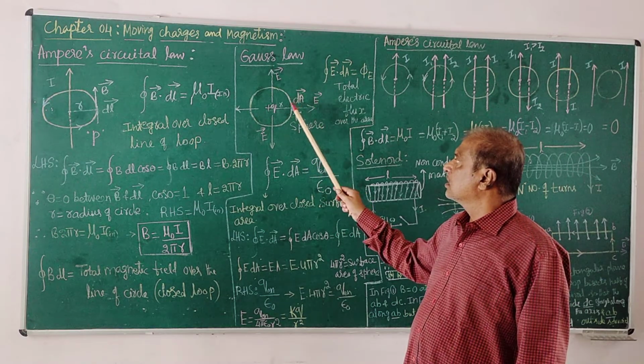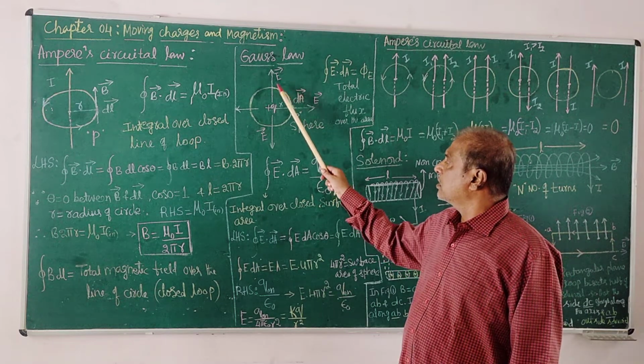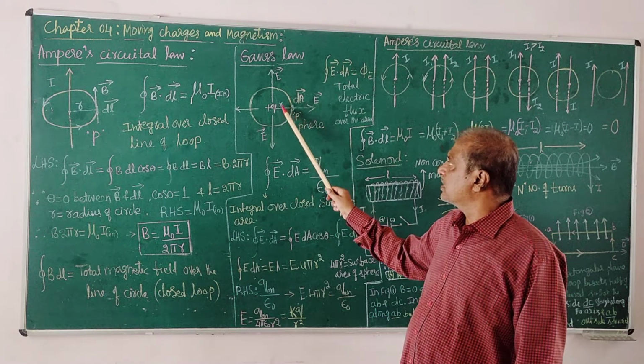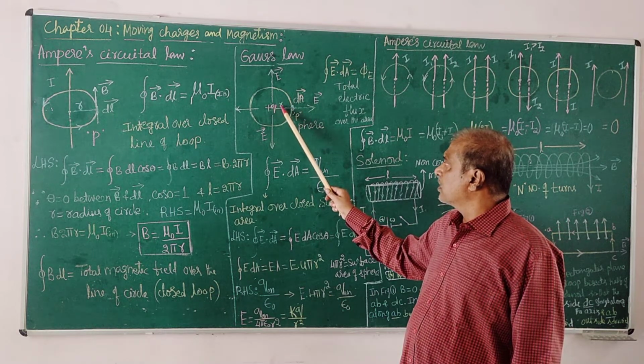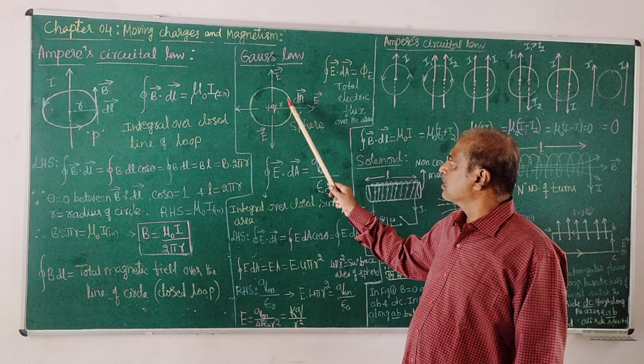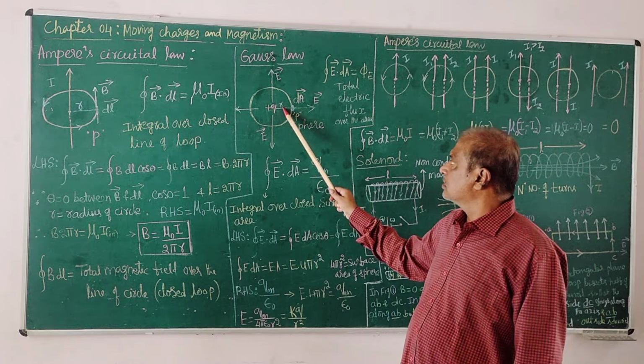The reason is that the distance between any point on the surface and this point is always r. Everywhere on the surface, the distance is r.